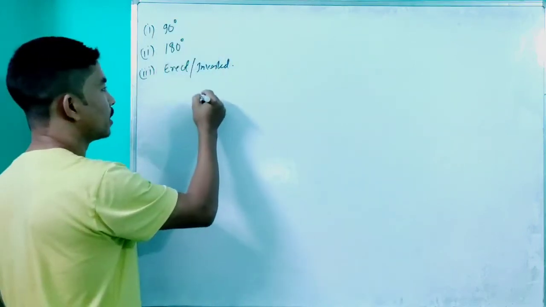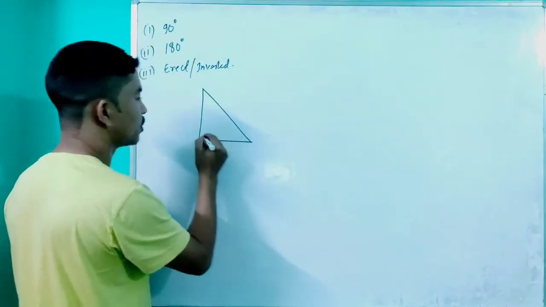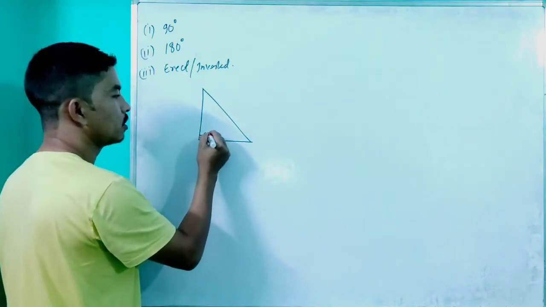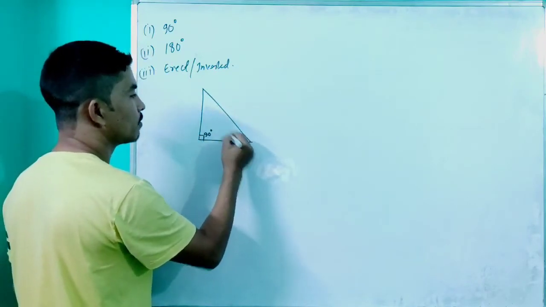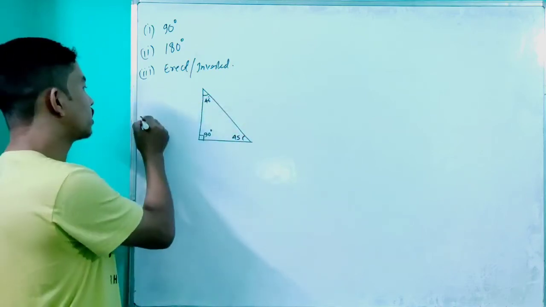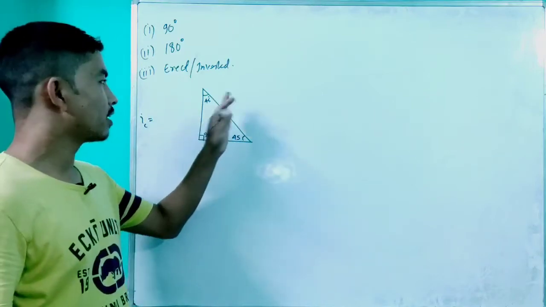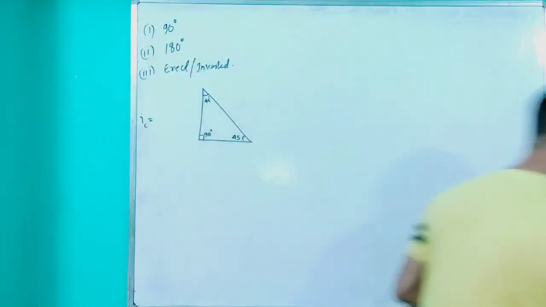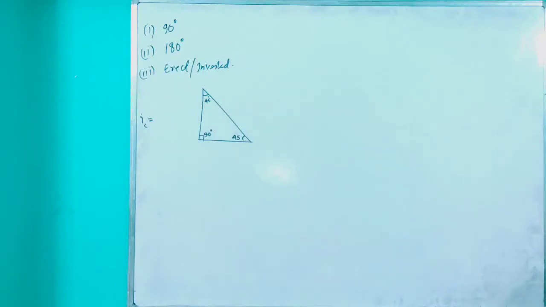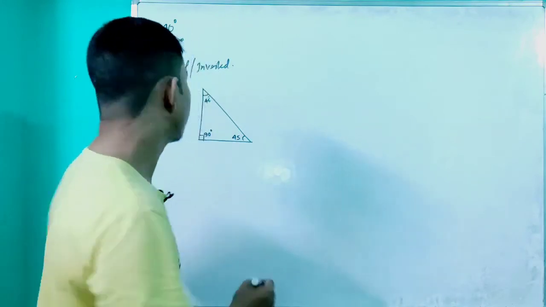For the first case, if I want to deviate a ray of light by 90 degrees, I draw a right angle isosceles prism. One of the angles is 90, so the other two remaining will be 45 and 45. Also remember that the critical angle iC for glass and air is 42 degrees.